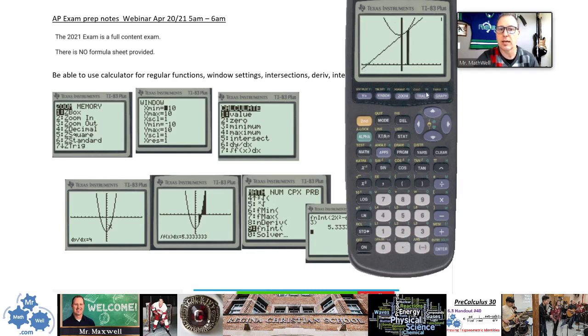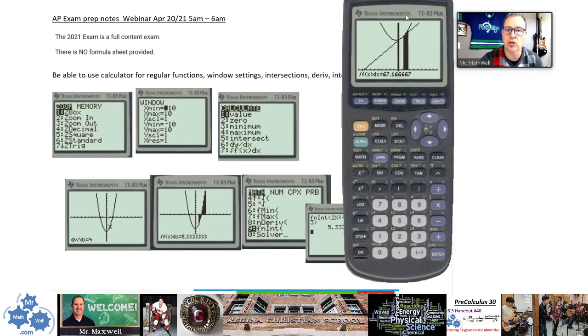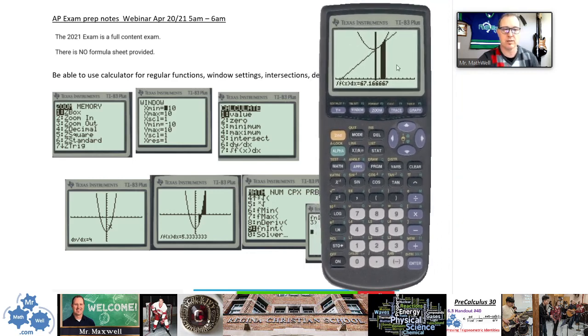And I hit enter, and look what it'll show. It'll show the area underneath the parabola curve, and it'll also give me the value of the integral. Now this is going to be really important for some free response questions in the AP exam, which I'm going to show you as well in this long review lesson. But you'll need to know how to do that with your graphing technology.